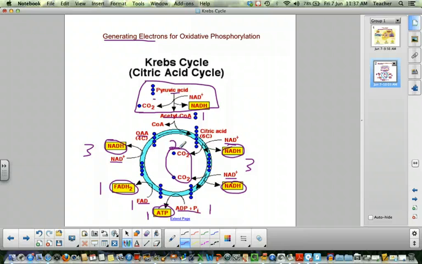Okay, so for the Krebs cycle alone, we generate 2 carbon dioxides, which is a waste product, 3 NADHs, and 1 FADH2, which are going to go to oxidative phosphorylation to help make ATP, and we get 1 ATP. That's per turn.